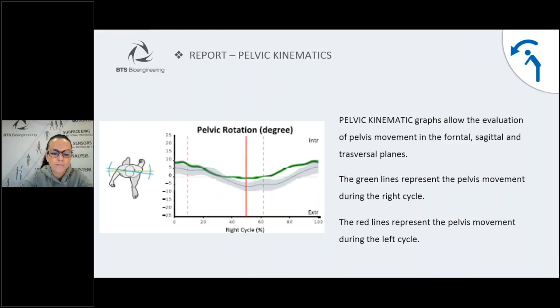And finally, from the red continuous line to the green dotted line, we have the right second double support phase, which is the left first double support phase, because from the red continuous line onwards, the left gait cycle is starting.